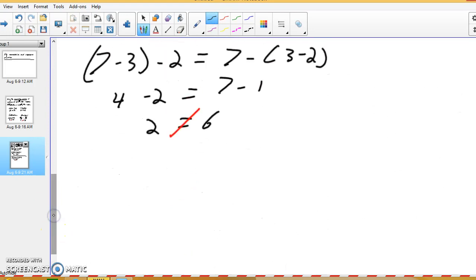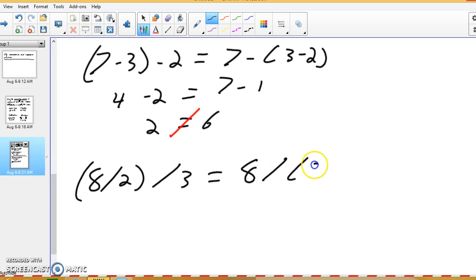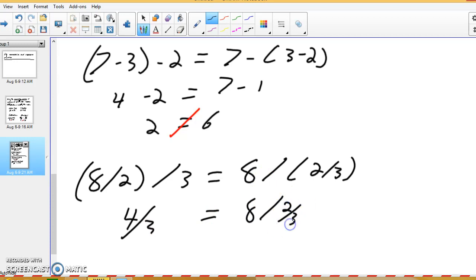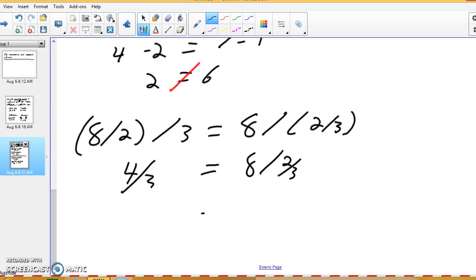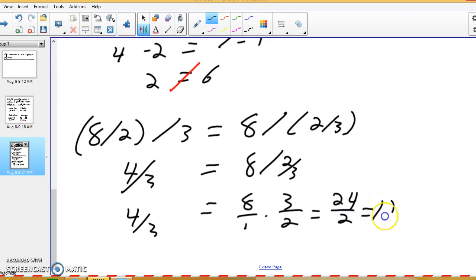Similarly, if we do it for division, we could have (8 ÷ 2) ÷ 3. Well, or we could do 8 ÷ (2 ÷ 3). Well, the first is equal to 4 divided by 3. The second is equal to 8 divided by 2 over 3, which is 8 over 1 multiplied by the reciprocal, 3 over 2, which is 24 over 2, which is equal to 12.